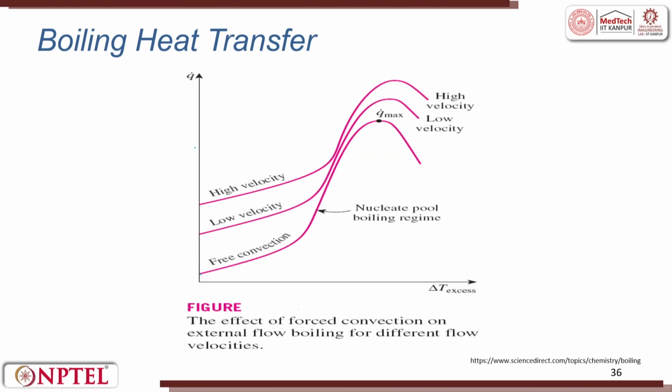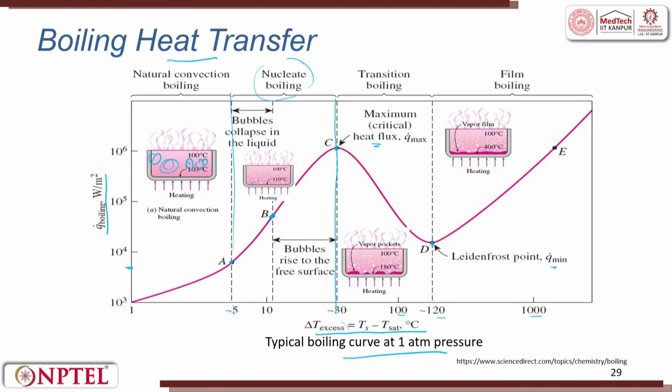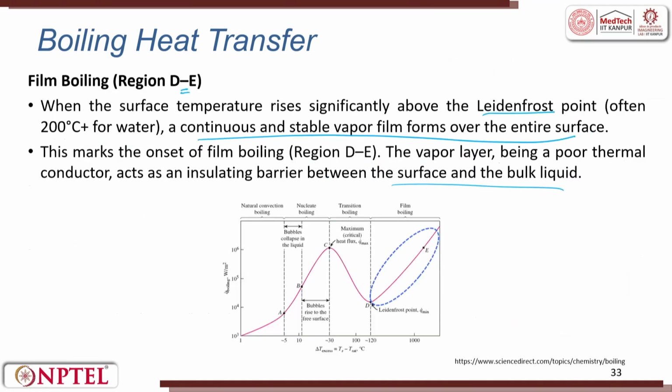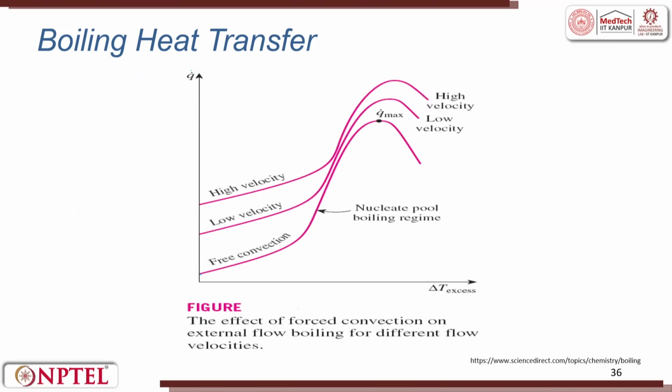So, here you can see Q dot, the boiling heat flux in watt per meter square, and this is delta T, the excess temperature difference. Free convection moves from here, then there is a slope, and then it hits a Q max.